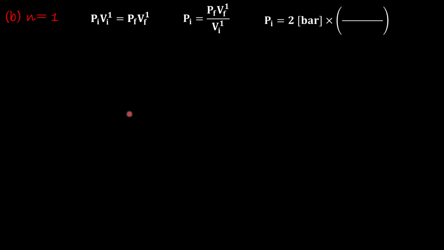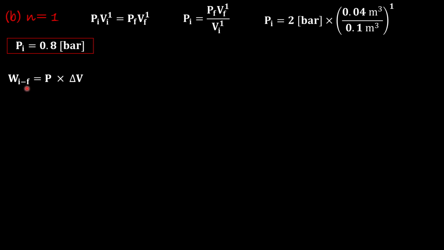Now for B, when n equals 1, we can solve for P initial, and we can plug in the values that we have to find P initial. So P initial is 0.8 bar.